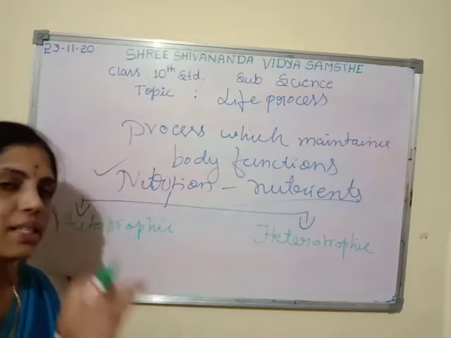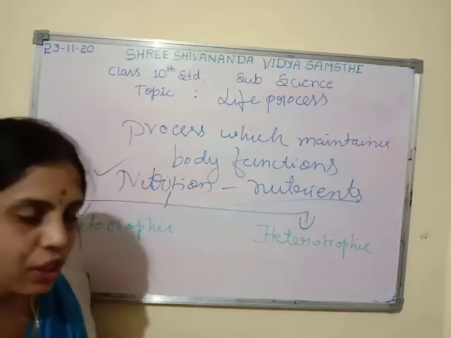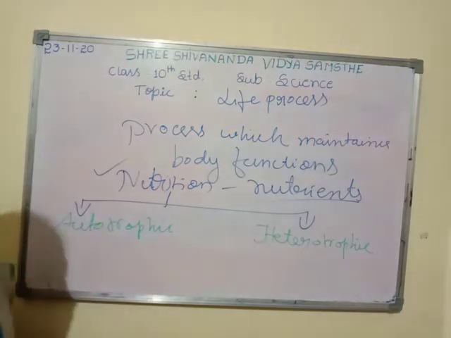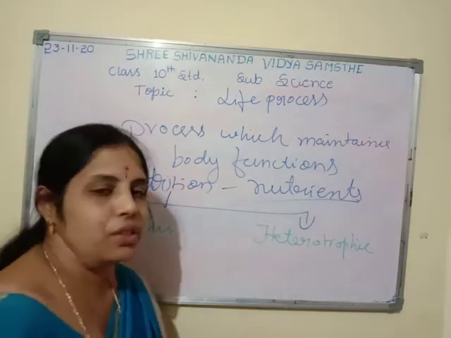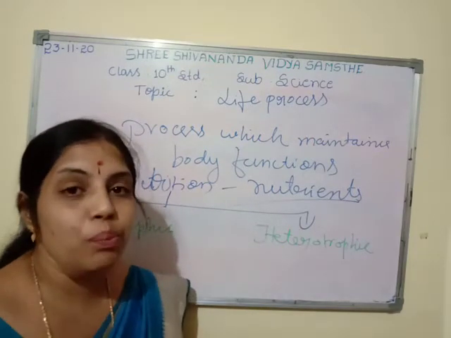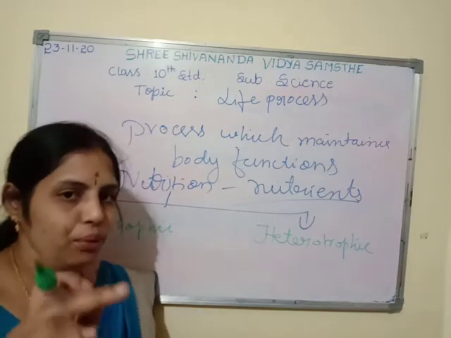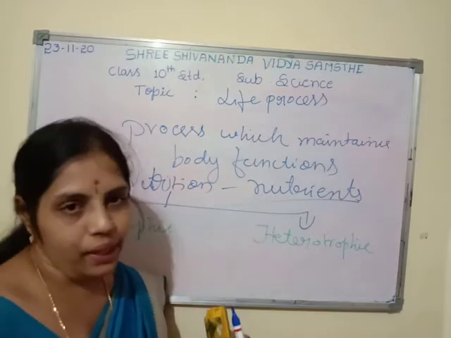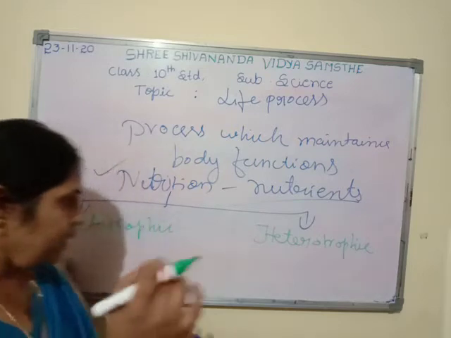Animals perform heterotrophic nutrition and plants perform autotrophic nutrition. Dear students, this is a very important question from the examination point of view. Make a list of them in your own points. They may ask this question for 2 marks.